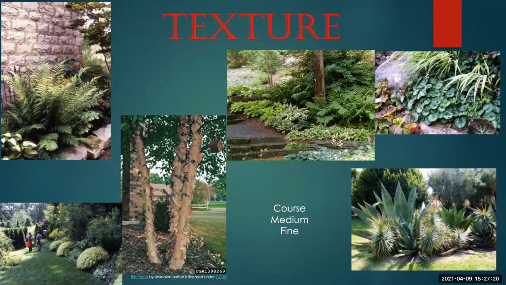Those are all considered coarse textured. The majority of our things fall under the medium texture. That means they have a mounded or rounded shape to them. They don't have a lot that makes them stick out. They're smooth edged, and they're just kind of there.